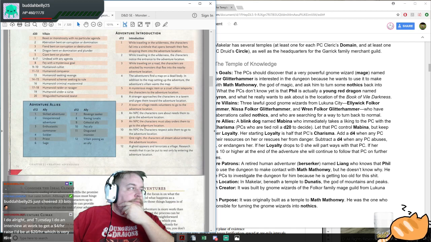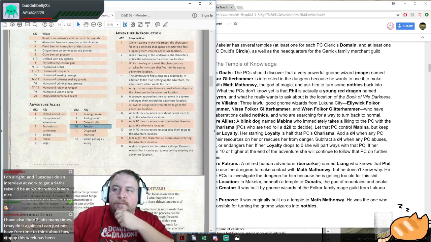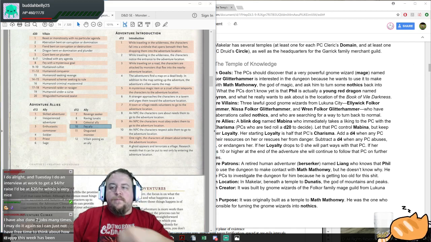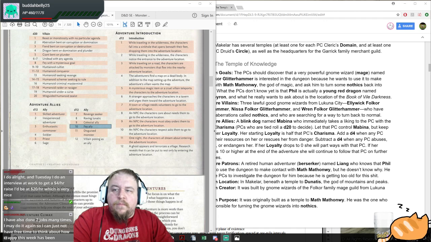And again, I wanted something kind of level appropriate that wouldn't outperform the party, that wouldn't make them feel less heroic, but something they could become attached to maybe, or something that might help them. Also because Nothics are pretty dangerous, especially to a first level party. So I decided on a blink dog.